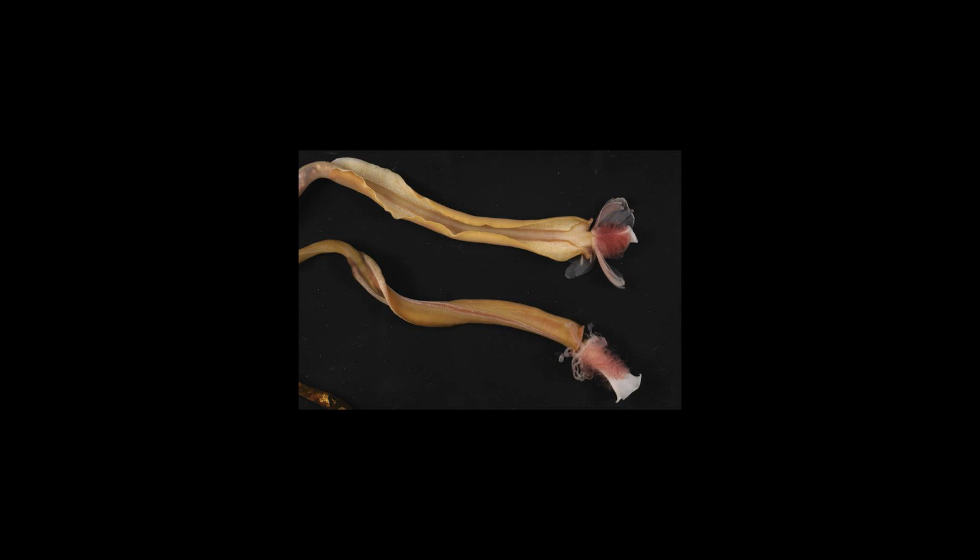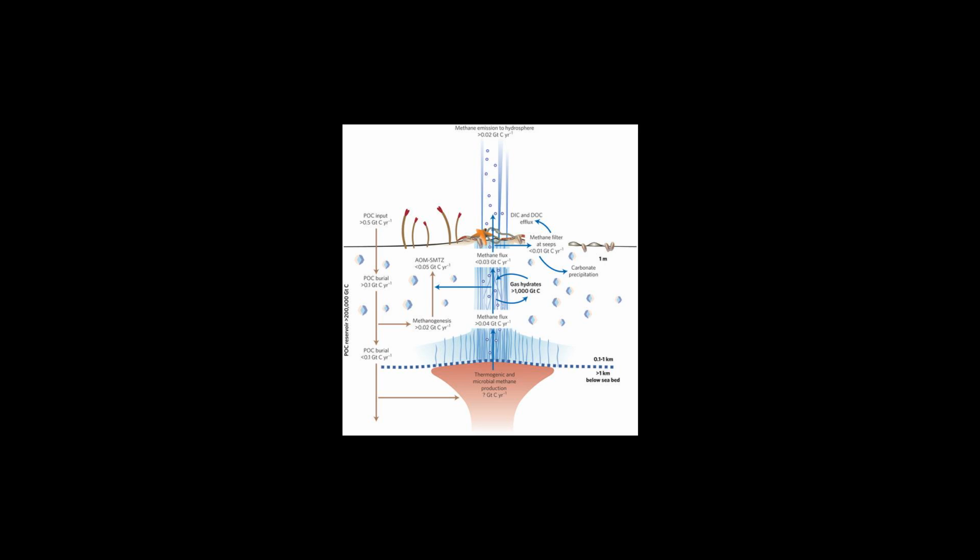PLOS ONE 6(8): e23259. DOI 10.1371/journal.pone.0023259. Lloyd K. G., Albert D. B., Biddle J. F., Chanton J. P., Pizarro O., and Teske A. 2010. Spatial structure and activity of sedimentary microbial communities underlying Beggiatoa spp. mats in a Gulf of Mexico hydrocarbon seep.